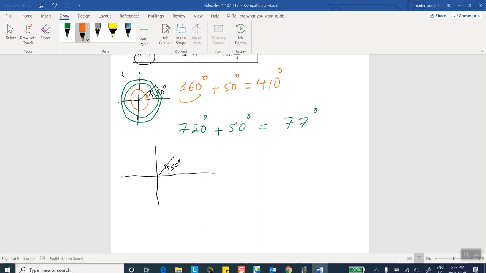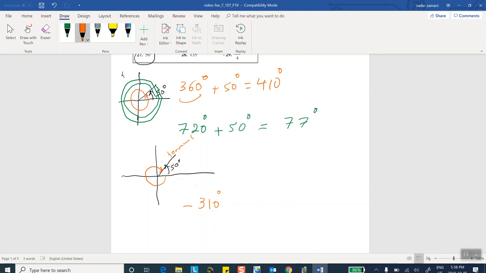I start here, redraw that, and go to that. This is the terminal side, right? So it's this angle. Notice that this is 360 minus 50 degrees, so it's going to be minus 310. If I went all the way to the x-axis, it would be negative 360. But it's not all the way to the axis, it's off by 50 degrees, so it's minus 310.